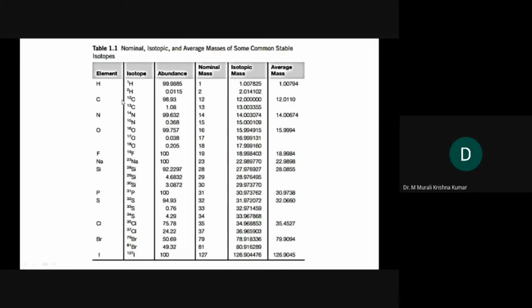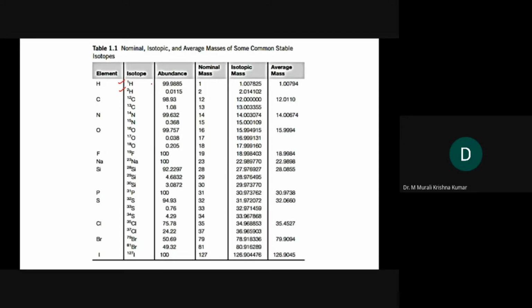This is the standard table of the different types of isotopes that we generally observe in drug molecules. Hydrogen will be there in almost all organic compounds. Hydrogen can exist as a proton or deuterium, and tritium is also there. Tritium concentration is almost negligible.